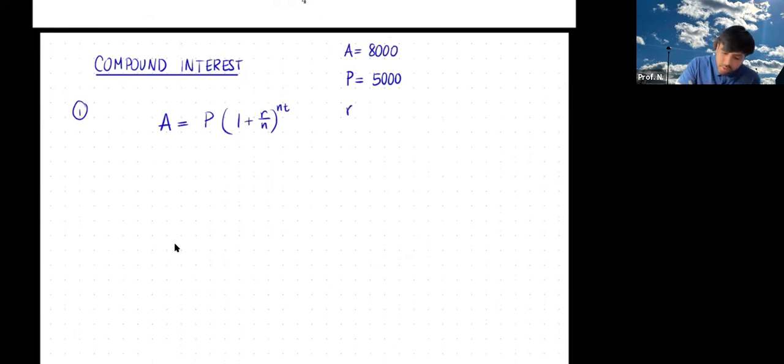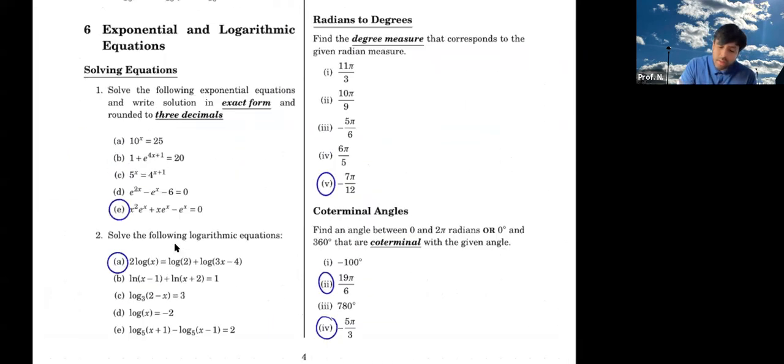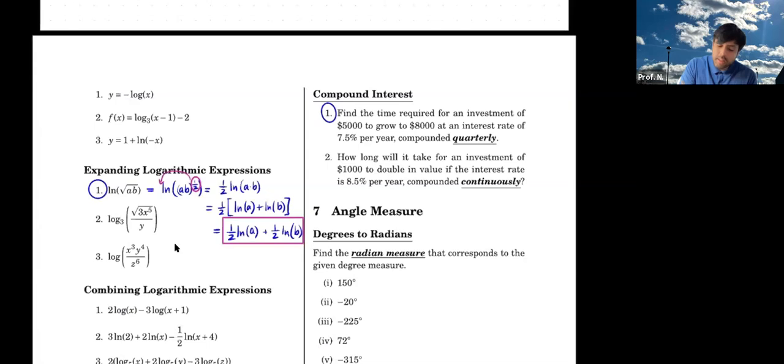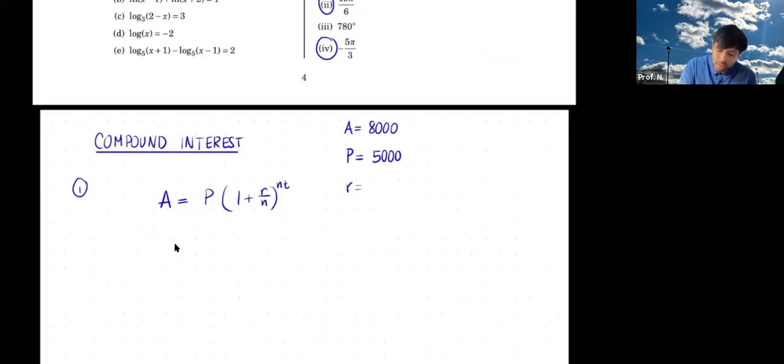What does r represent? r represents the percentage, right? And what is the percentage here? 7.5%, which really is 0.075 as a decimal. What does n represent? It represents the number of times that the interest is compounded per year, which is four times.